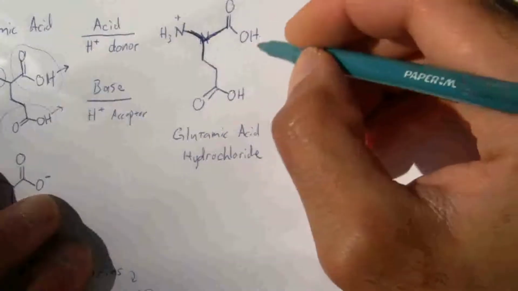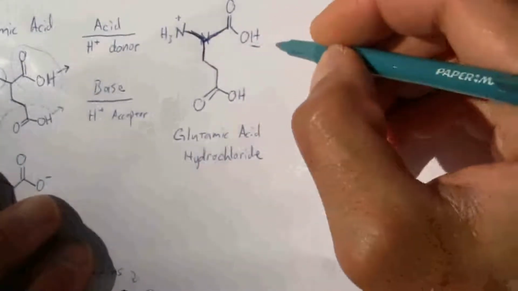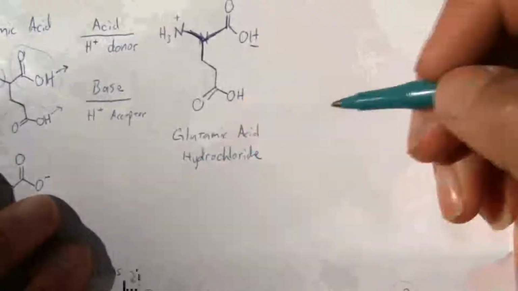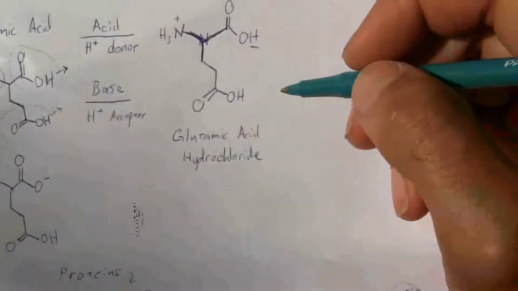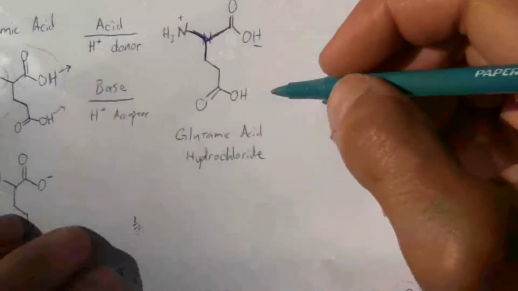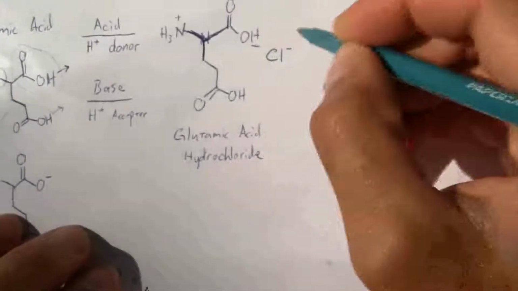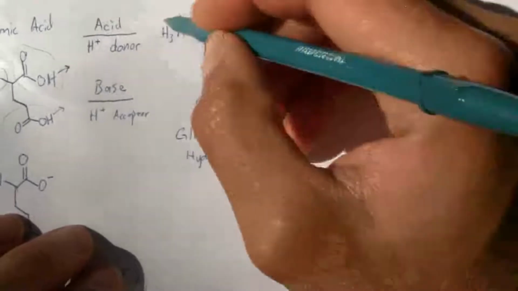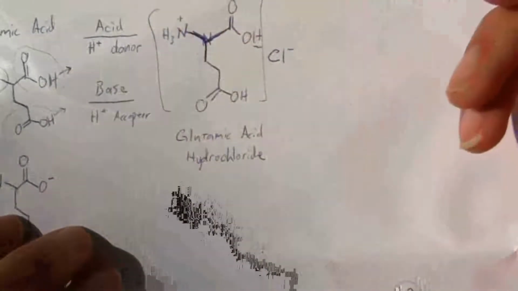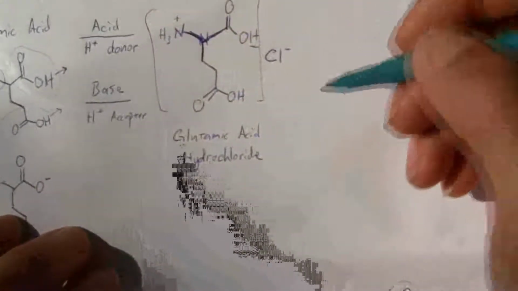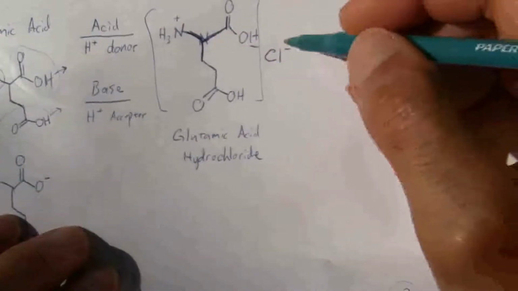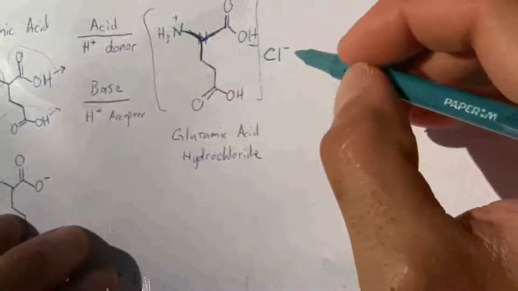Okay, so there's our hydrogen or hydrochloride, and then the Cl minus would just be a counter ion, most often not included in the formula, just to balance out the charge.